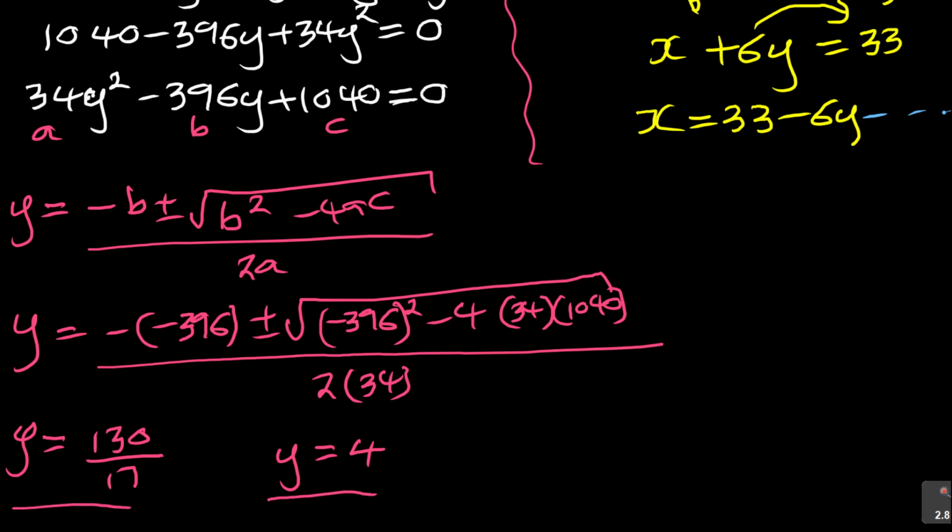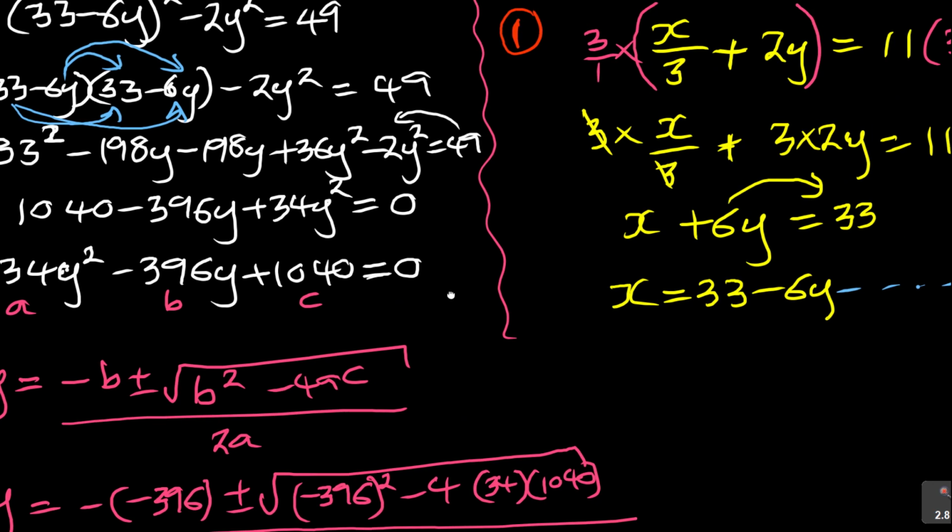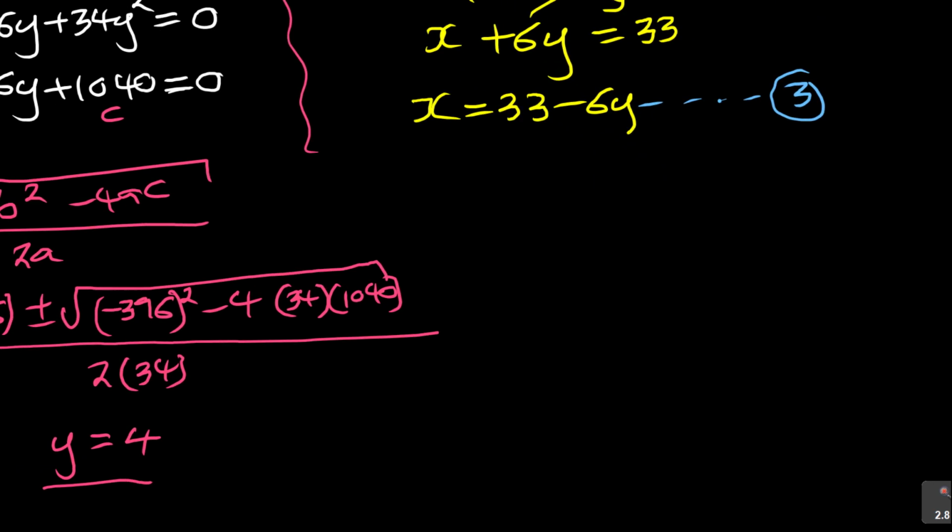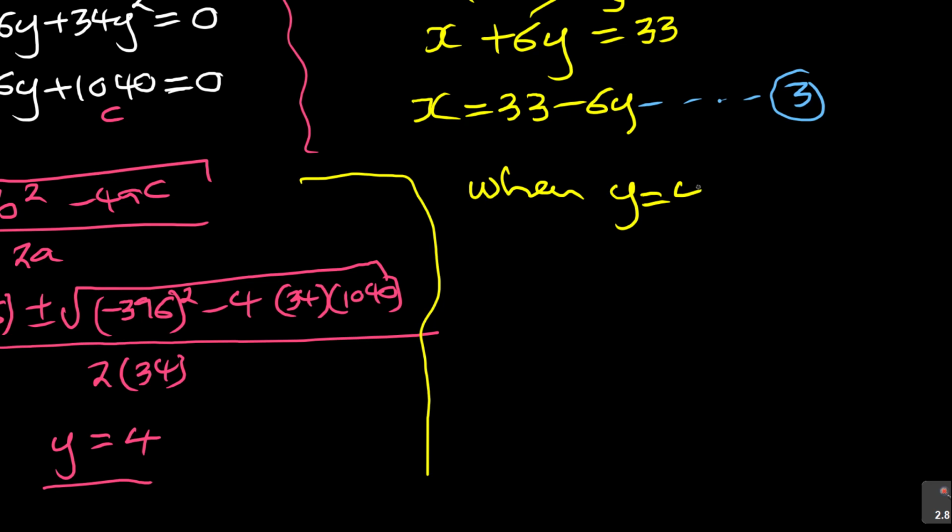So they gave you two answers, and then since we know those values, we come back here to our equation 3 to say, first one, when y is equal to 4, let's start with 4. So x is equal to, so that is now equation 3, which is 33 minus 6 times 4.